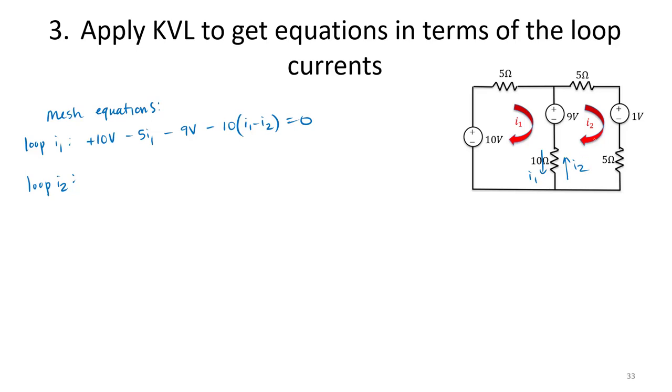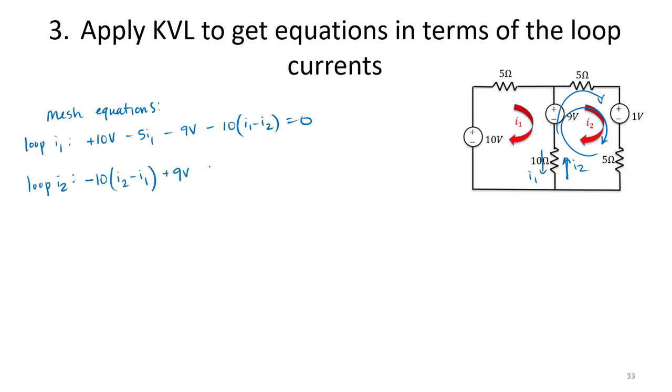Similarly for loop I2, remember that we first had a voltage drop across the 10 ohm resistor. So in that case, the voltage will be minus, because it's a drop, we'll have 10 times, in this case, I2 is entering, I1 is leaving, so we have (I2 minus I1). Then we gain 9 volts if we are walking around I2.